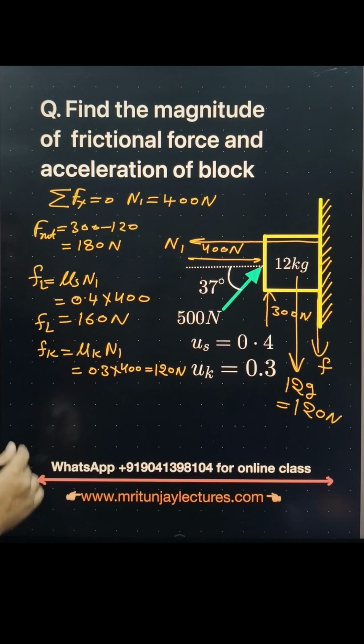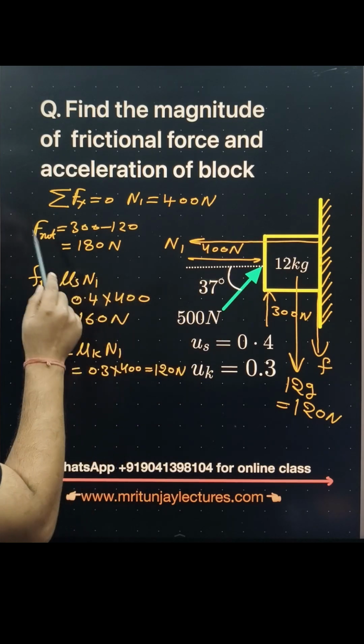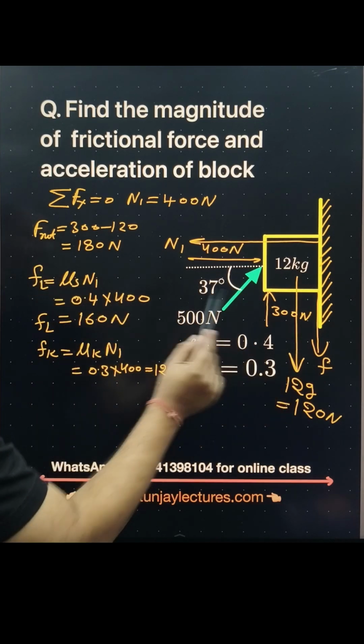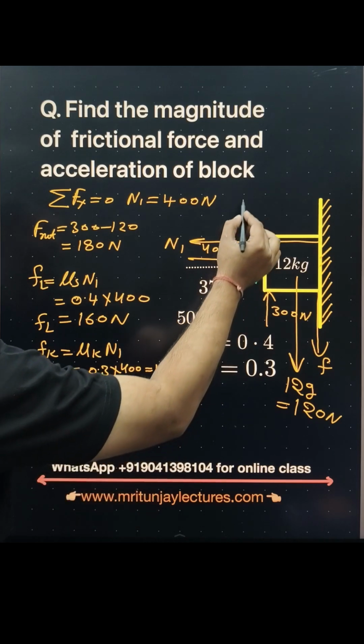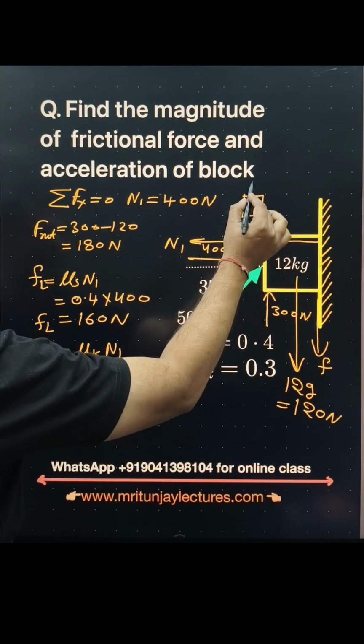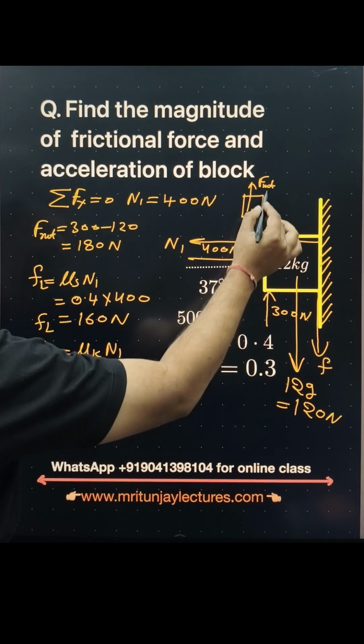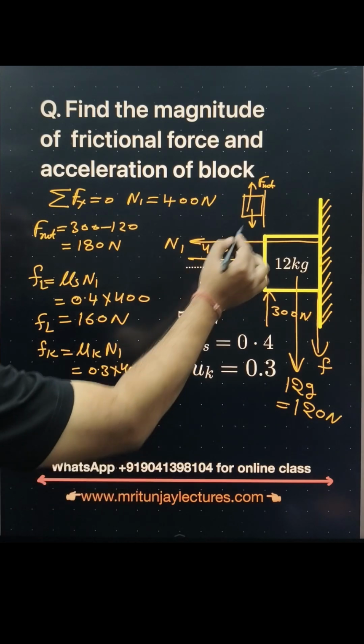Clear? Now, the unbalanced force is in which direction? Upward or downward? Simply upward. So the frictional force develops in this direction. Okay, so if you make another unbalanced force F net, the frictional force acts in this direction. Clear or not? Okay.